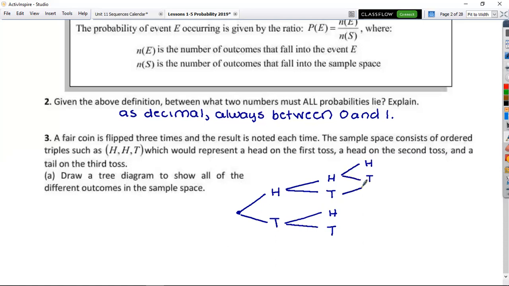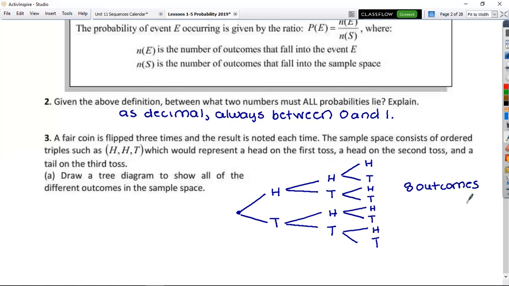All right, how many total outcomes? Looks like 8, right? So 8 outcomes altogether.